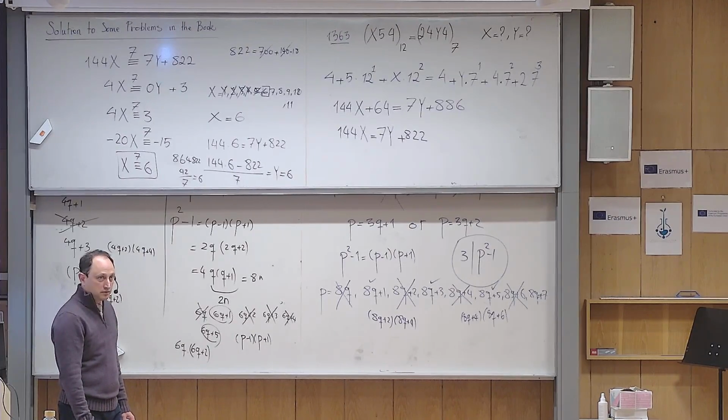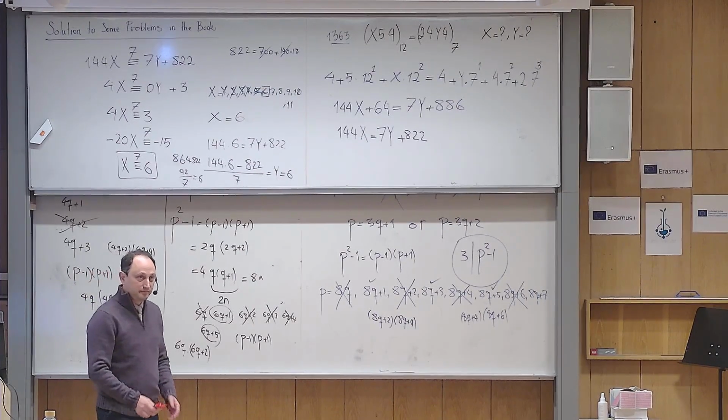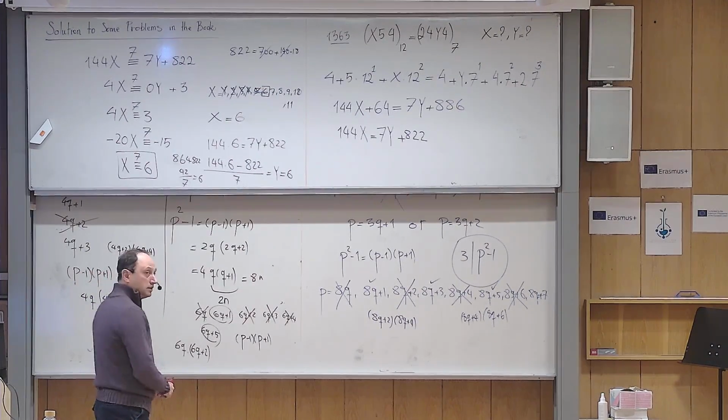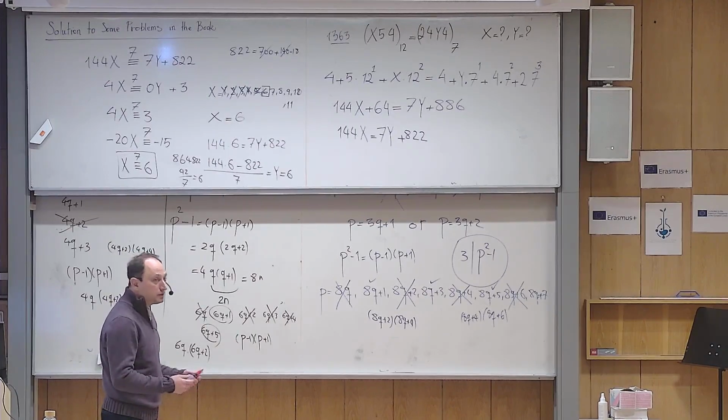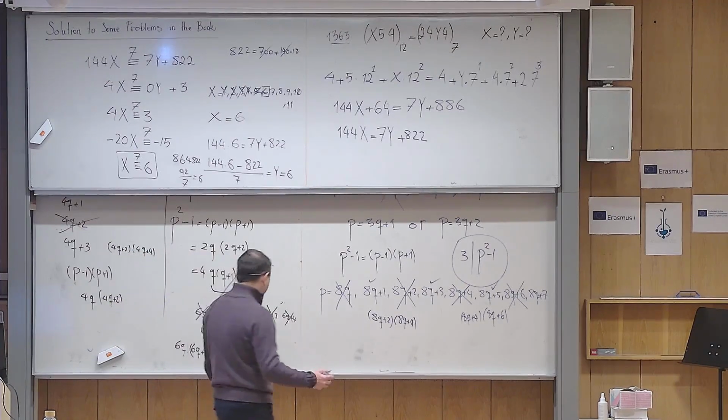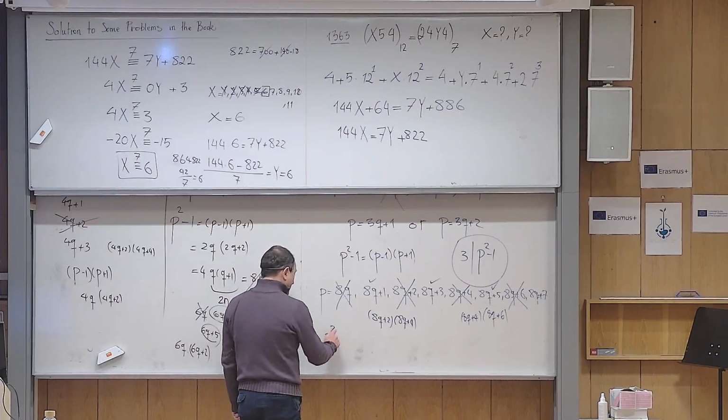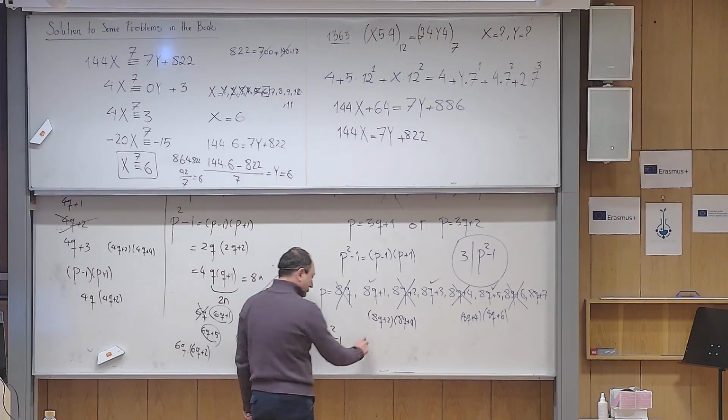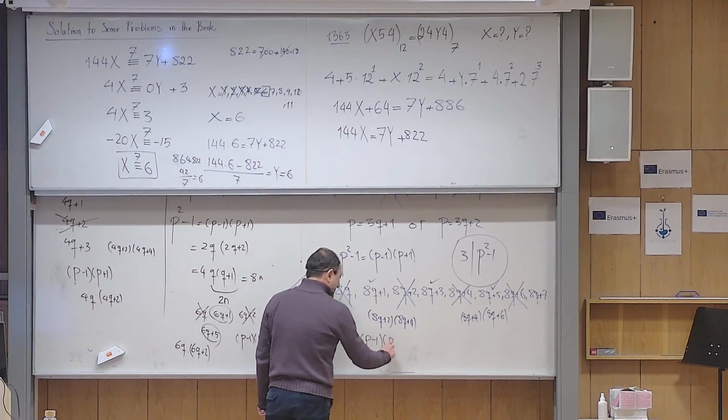Our solution was rather different from this way of doing it. Instead of writing p squared minus 1 as a conjugate pattern, we just plugged in 6q plus. It doesn't matter if you plug here or there, because they are the same thing.